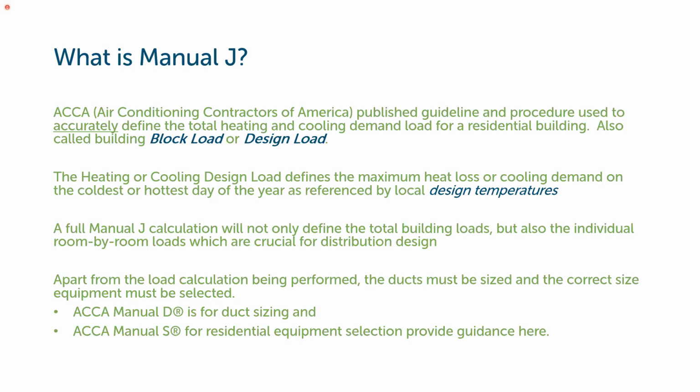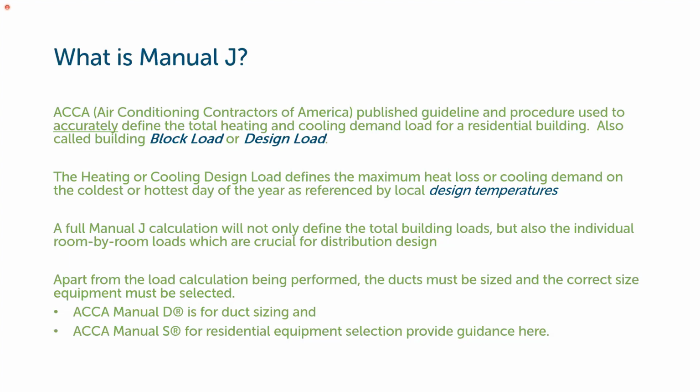So what is Manual J? Well, Manual J is a basis for design, essentially. This is what needs to be done and should be getting done for any building and any system replacement in a building, so that we can get accurately sized and accurately functioning equipment into buildings.